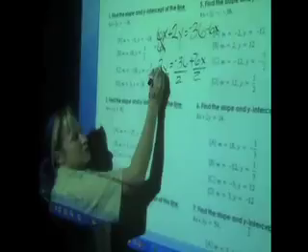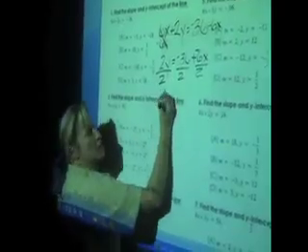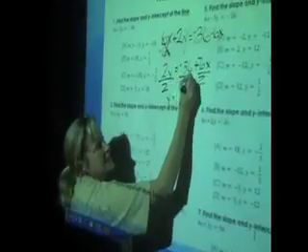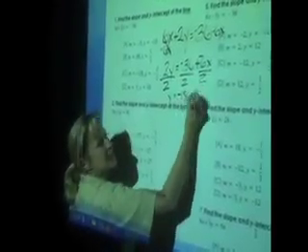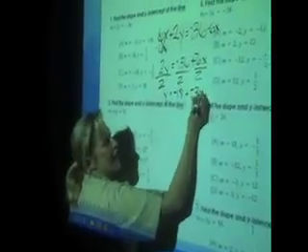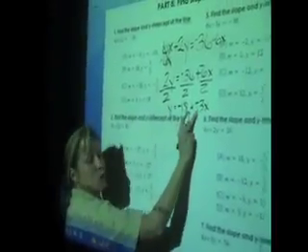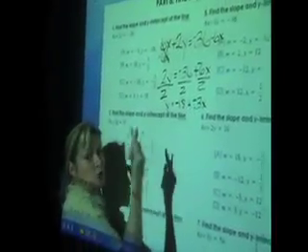So now you can solve. 2 divided by 2 is 1. You can just write y because we always know 1 is in front of it. What is negative 36 divided by 2? That is negative 18 plus. What is negative 6 divided by 2? Negative 3x. Now you notice it's still not in y equals mx plus b format. So what do we have to do with the 2 terms? We have to switch it.